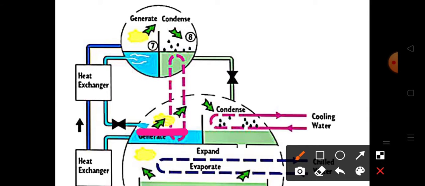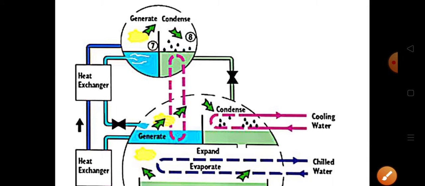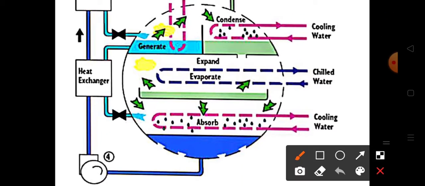Here the function of this generator is to boil the water plus lithium bromide and convert the water into vapor, and this water vapor goes to the condenser by this path. So here the wastage of water reduces, and pure lithium bromide, with the help of the heat exchanger exchanging the heat, returns to the absorber. Pure lithium bromide from this generator via heat exchanger goes to this absorber.